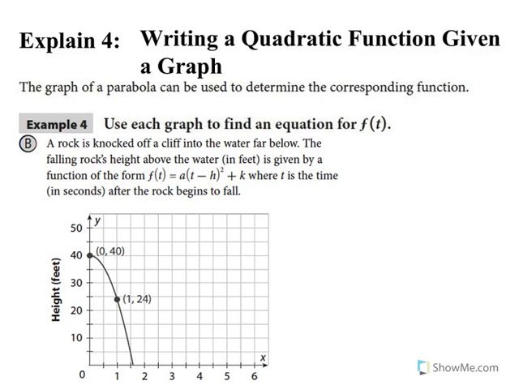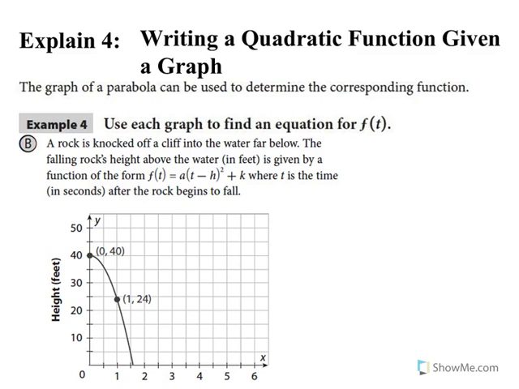Example B, a rock is kicked off a cliff into the waterfall below. The falling rock's height above the water in feet is given by the function of the form f of t equal to a times the quantity t minus h squared plus k, where t is the time in seconds after the rock begins to fall.